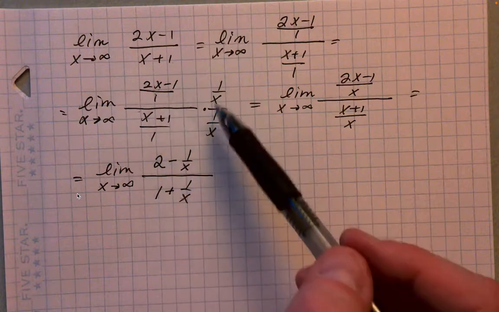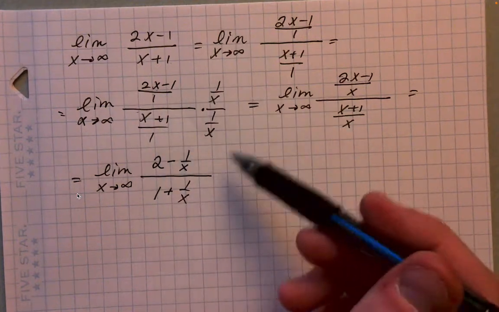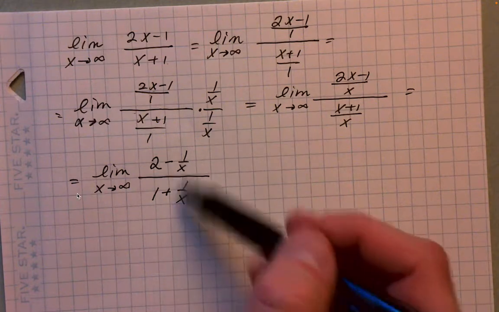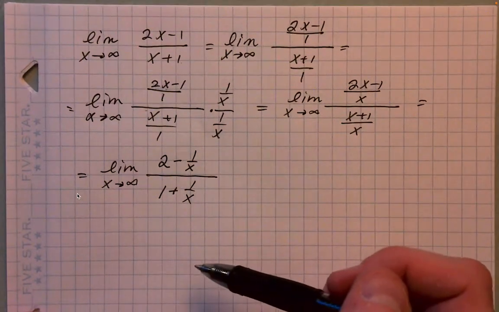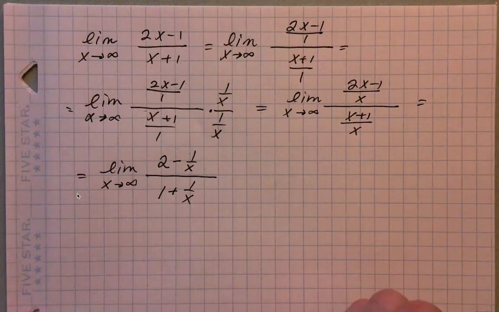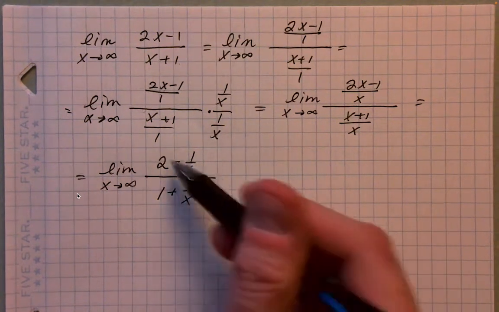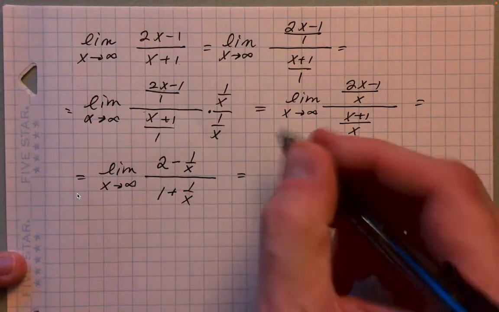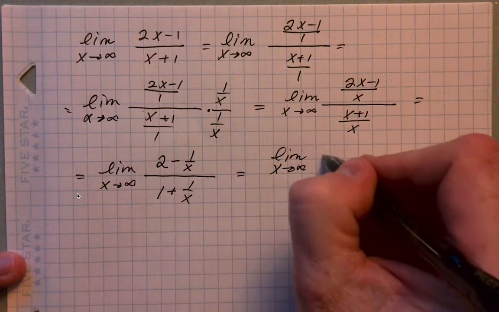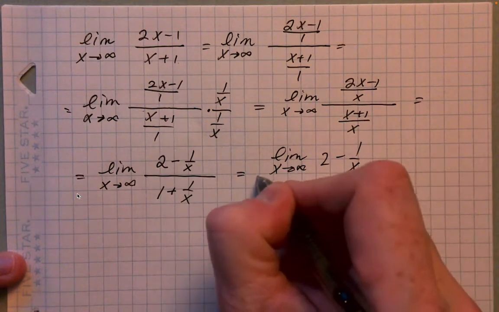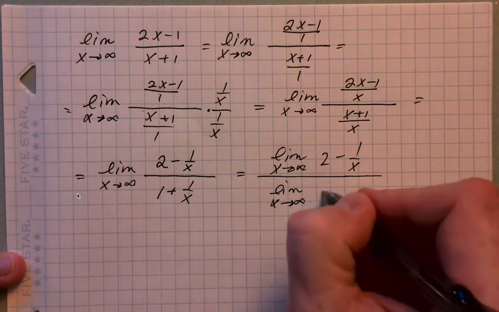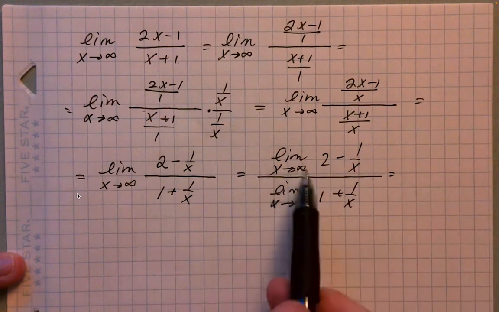Totally doable, totally legal. And then doing a little cancellation and writing the function in a way that is very inconvenient under normal circumstances, but when you're evaluating what happens to the function for extremely large values of x, this is way more useful, because right now if you do the same exercise where you take the numerator limit separately and then you take the denominator limit separately as well, well, what happens here?